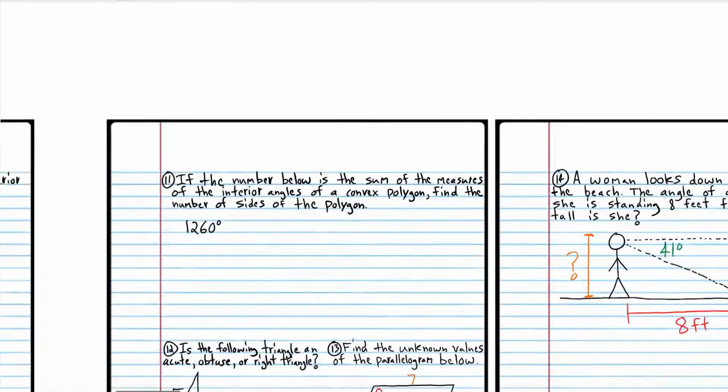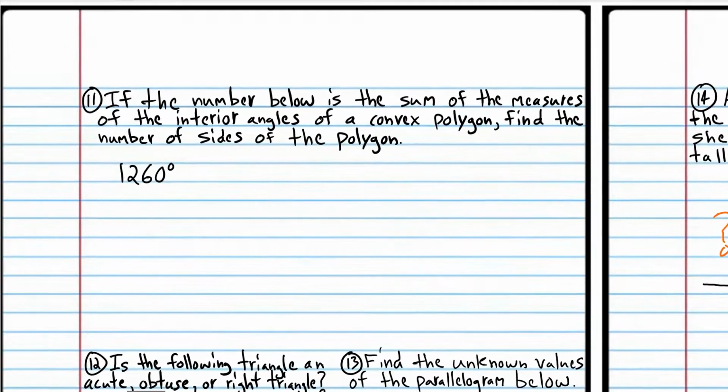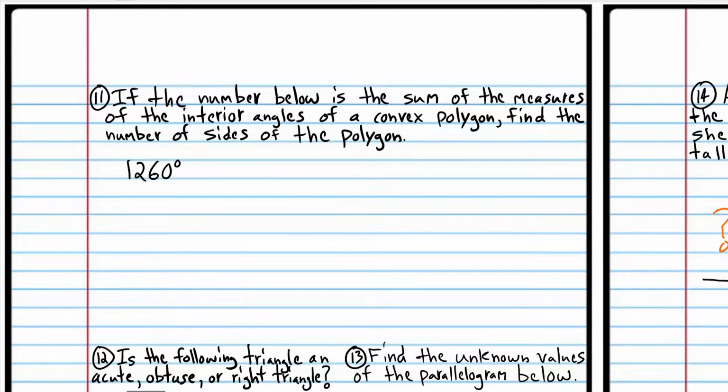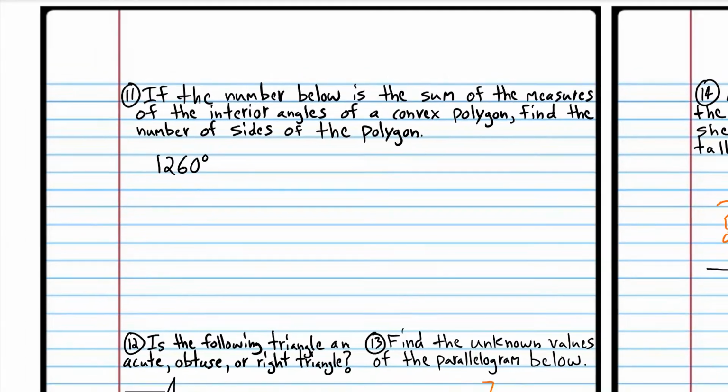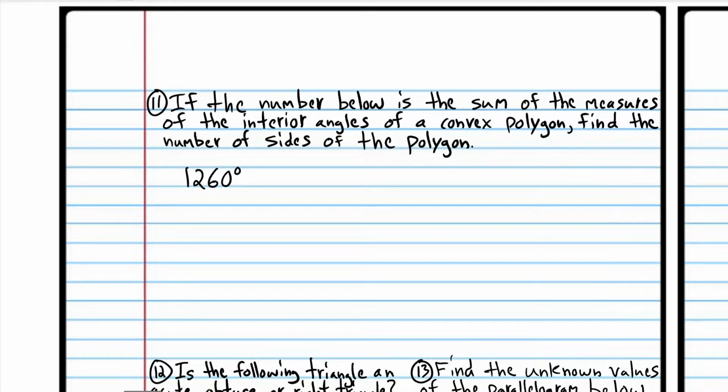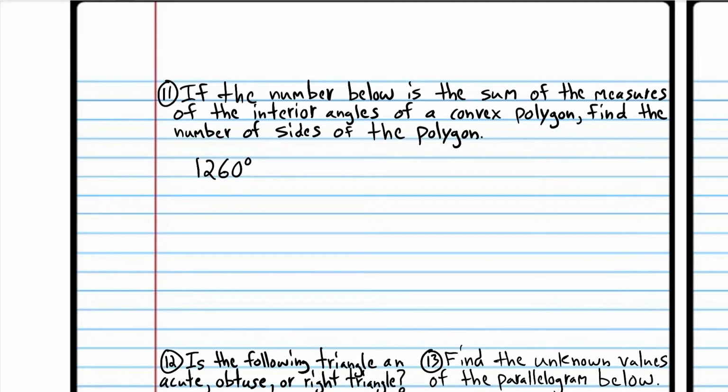Okay, so on to number 11. If the number below is the sum of the measures of the interior angles of a convex polygon, find the number of sides of the polygon. So we know that the sum of the interior angles is equal to 180 times the number of sides minus 2.